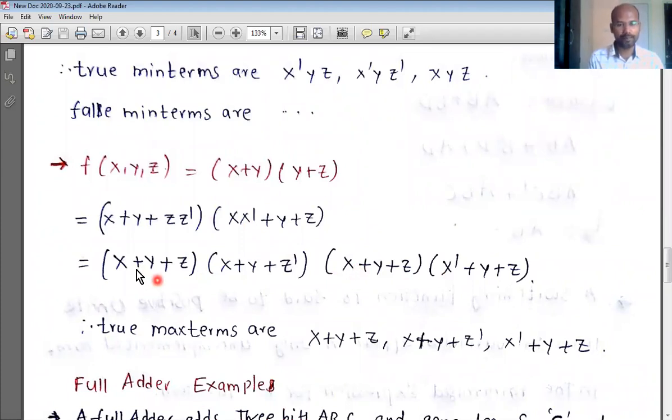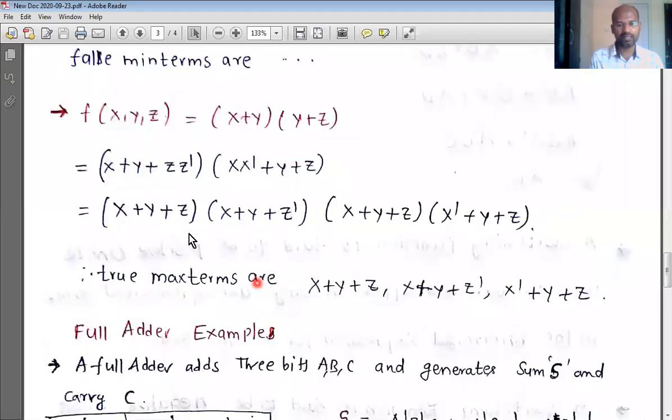Now let's see. If you see these terms, all of them are max terms. This is a sum term and it contains all the literals. This is also a sum term containing all the literals. So all these 4 are max terms. These are the true max terms. There are 4 max terms.